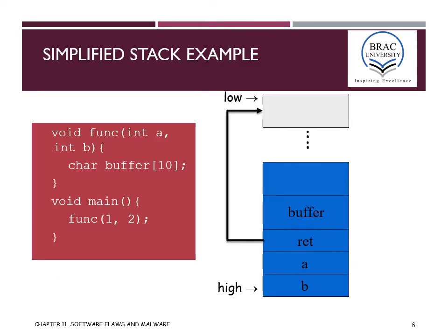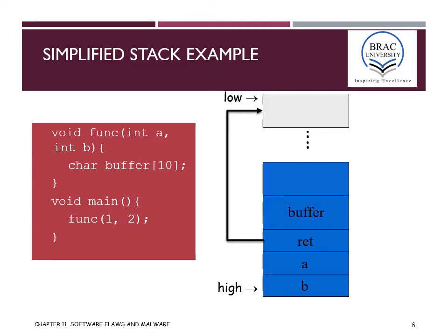So what will happen here, like we have a function with integers a and b, and a character buffer, and a void main. It will put a and b into the memory. This main function is calling function 1, so it goes to function 1.